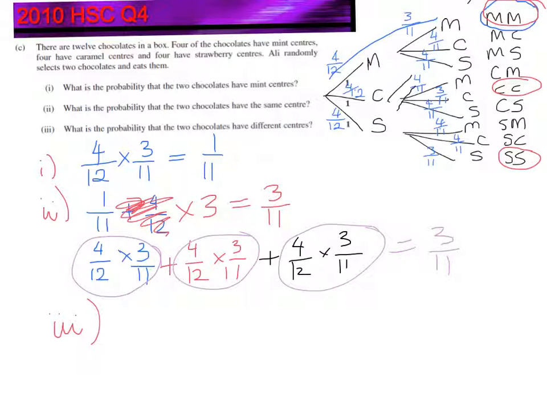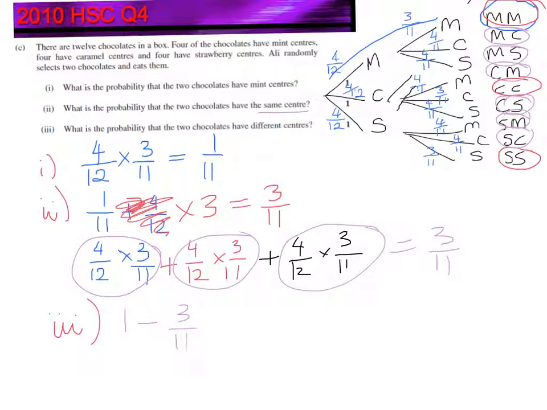Part 3. What is the probability that the 2 chocolates have different centres? Alright, so different centres is that one. Hang on, is that the complementary event to the same centres? I think it is. So the probability of different centres is going to be 1 minus the probability of the same centres, which we worked out in part 2.